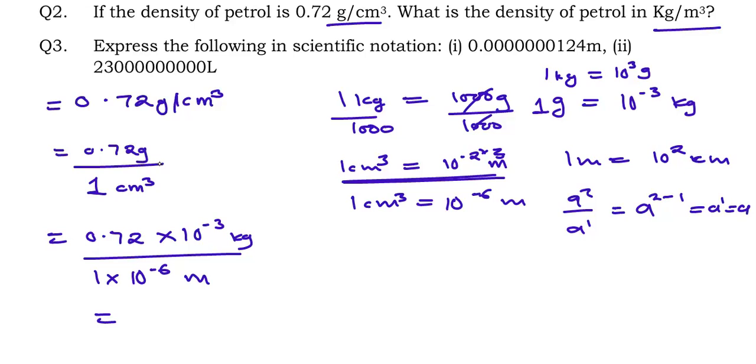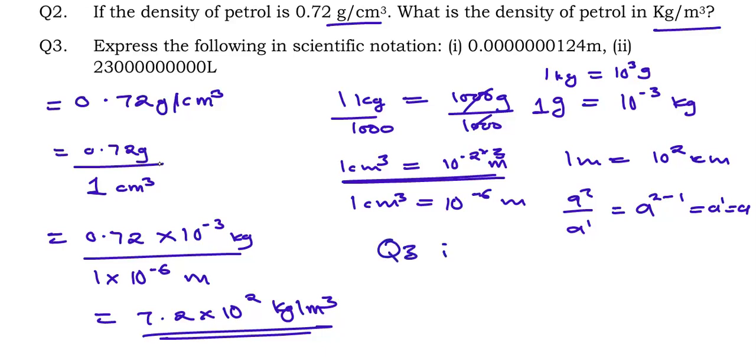This is how you do it. And I know that you know this kind of mathematics. So when you take this on your calculator, you are going to get 7.2 multiplied by 10 to the power 2 kg per cubic meters. Very simple. Alright, now let's do question 3.